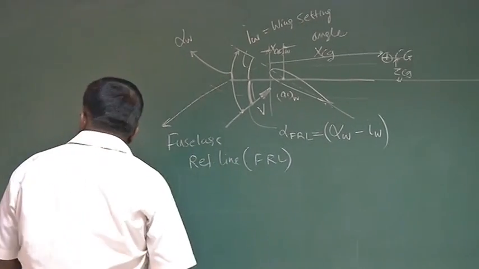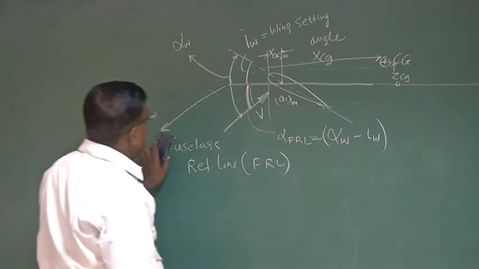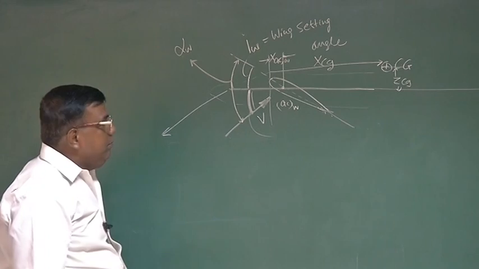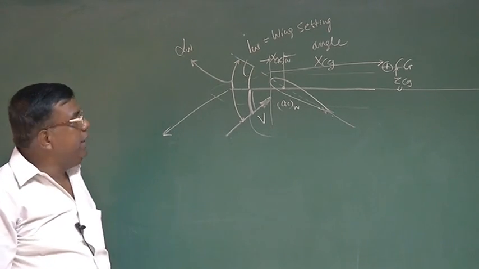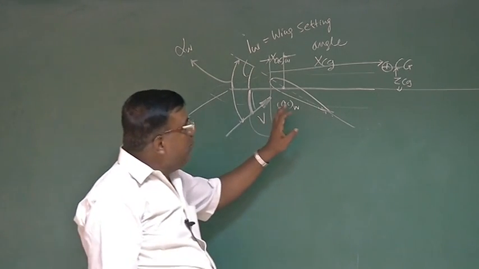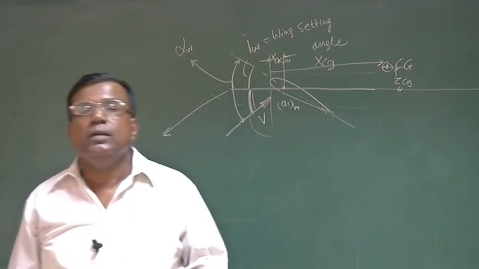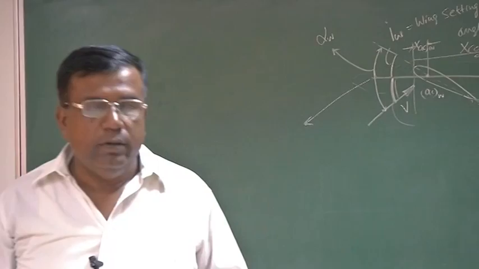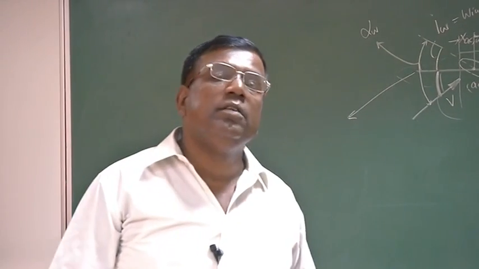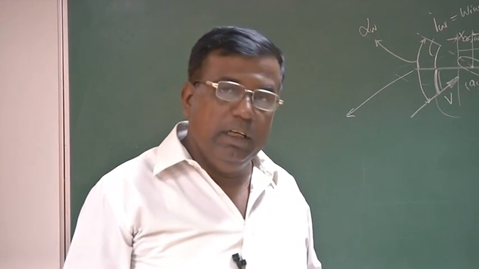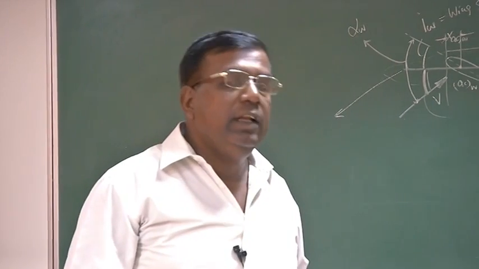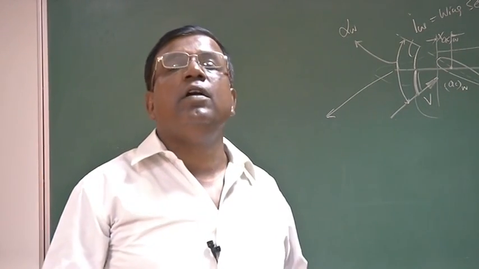If this is clear, now let me erase this part. You know this now. What is our aim? Our aim is to find out how much this wing will contribute towards pitching moment, to find out what is the Cm alpha contribution because of the wing, that is the static stability part, and if at all it is contributing towards Cm naught or not.